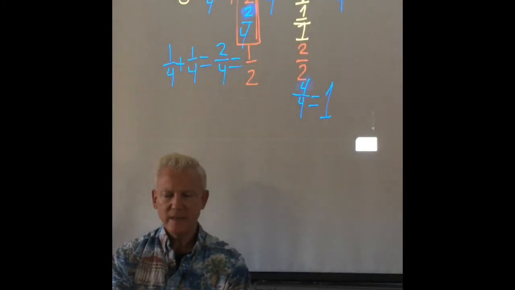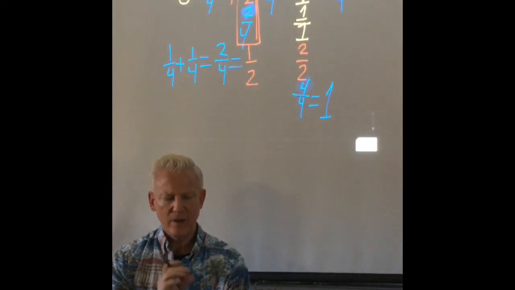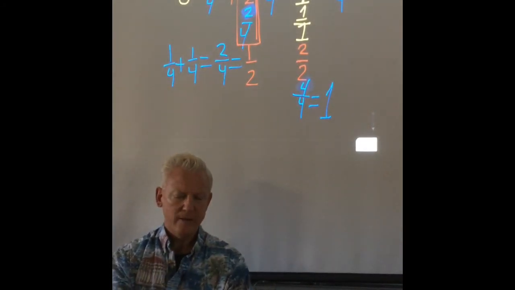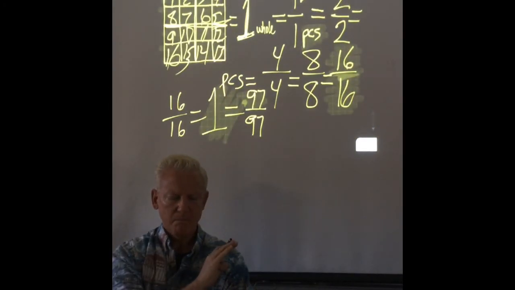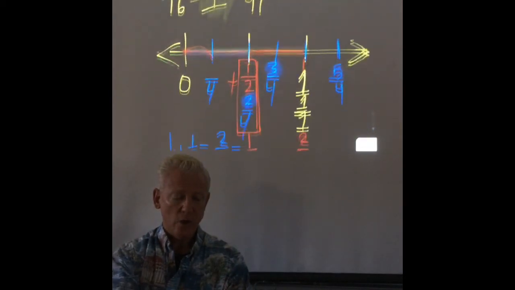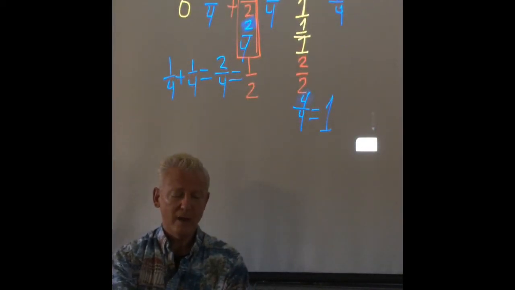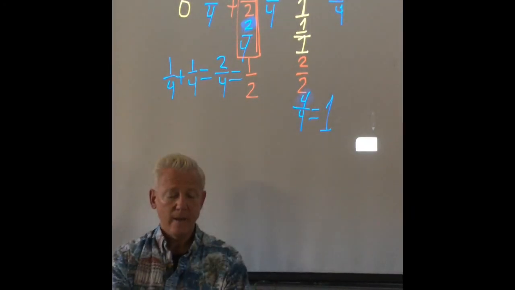So this is our first lesson of fractions and what they mean, and also talking about the area model and as a whole, and we're also talking about a whole in a number line with fractions.